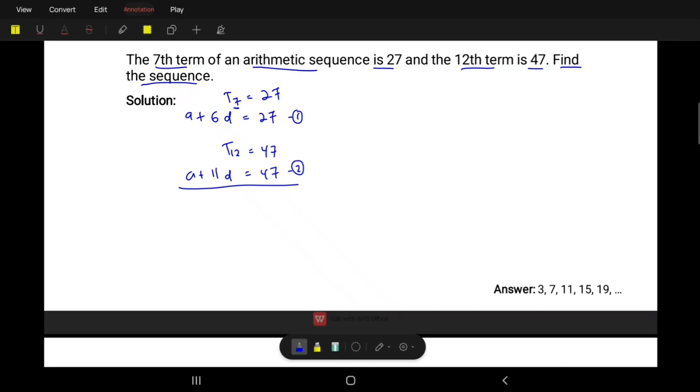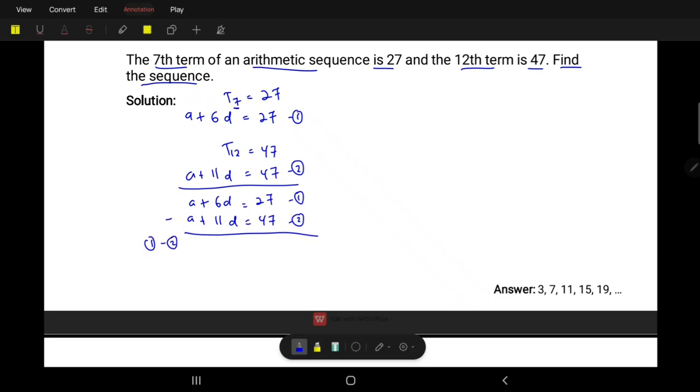So, A plus 6D equals 27. A plus, ini saya combinekan dia dulu, 11D equals 47. This is first equation, this is second equation. So awak tengok apa value yang sama kat sini? Value A, right? So bila value A dah sama, kita eliminate the value A first, then we can find the value for D. Eliminatekan dia dulu, so 1 minus 2.